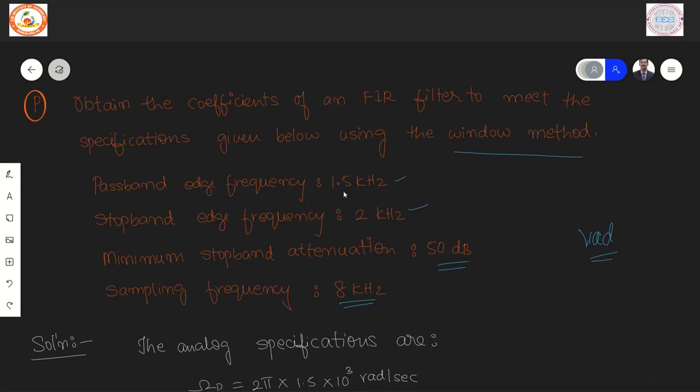The passband edge frequency is 1.5 kilohertz. Stopband edge frequency is 2 kHz. The minimum value of stopband attenuation is 50 dB. Sampling frequency is given as 8 kHz. This sampling frequency is very important so that we can convert the edge frequencies, which are in terms of hertz or kilohertz, into radians.